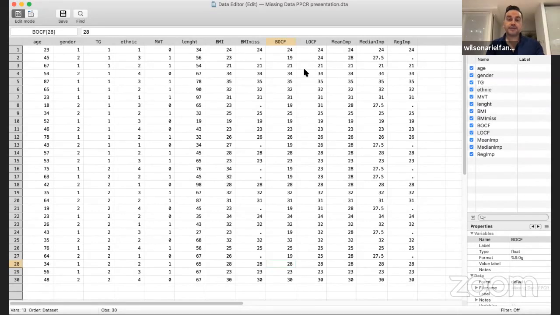the last observation carry forward is very popular and is very well accepted by journal editors, and this is why it's very common. It's very often used. But I mean, you see that there is actually no correlation between, for example, this 23 and this 24, or this 31 and this 23.